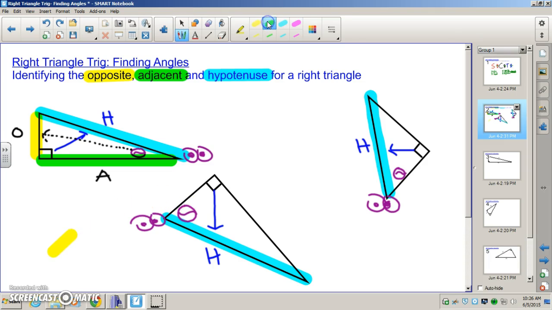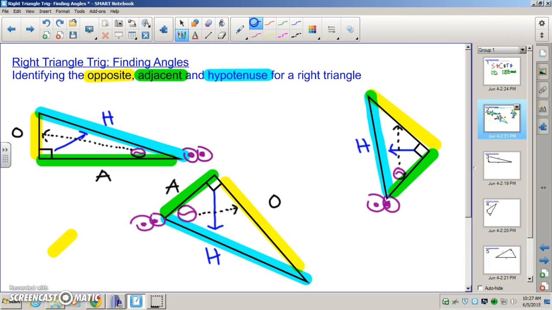Attached is green. Attached over here is green, which leaves all the way over on the other side your opposite, which would be here and here.